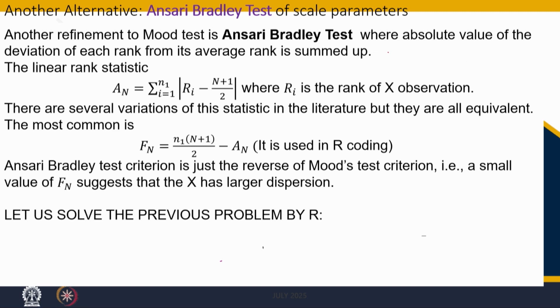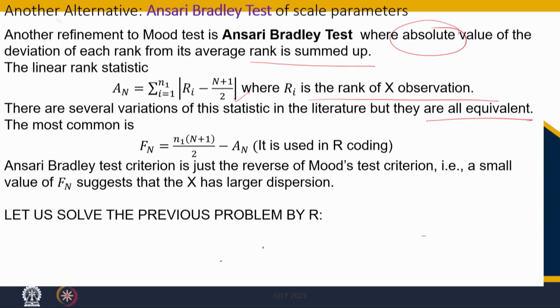In the Ansari-Bradley test, the absolute value of the deviation of each rank from its average rank is summed up, but the absolute deviation is considered. So the summation of modulus of Ri minus (n plus 1) by 2, where Ri is the rank of the X observation. There are several variations of these statistics in the literature, but they are all equivalent.